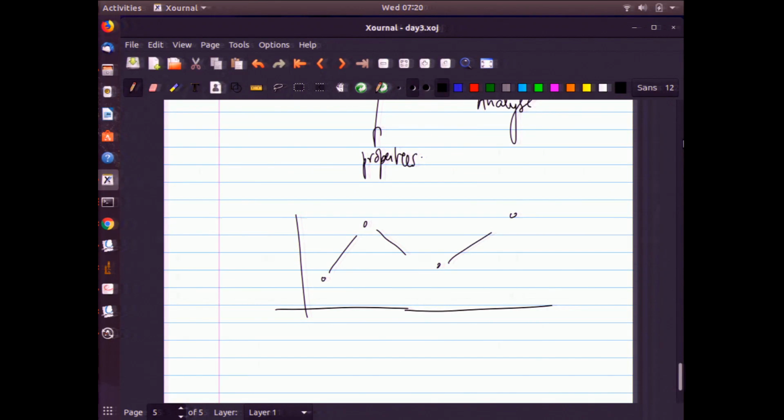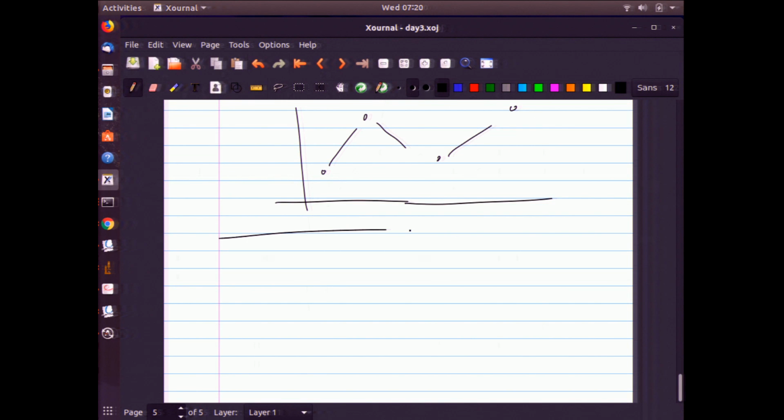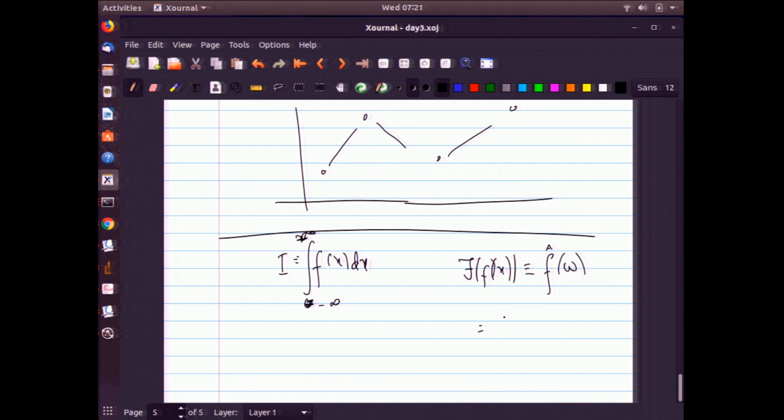And the reason for that is easy to see, right? So if we have I is this, okay, so let's keep things simple for now. Let's assume it's this. Then we know that the Fourier transform of f of x is nothing but the integral from minus infinity to infinity of f of x.